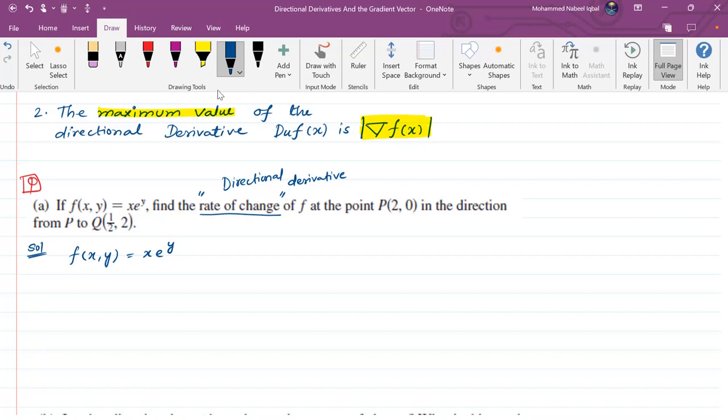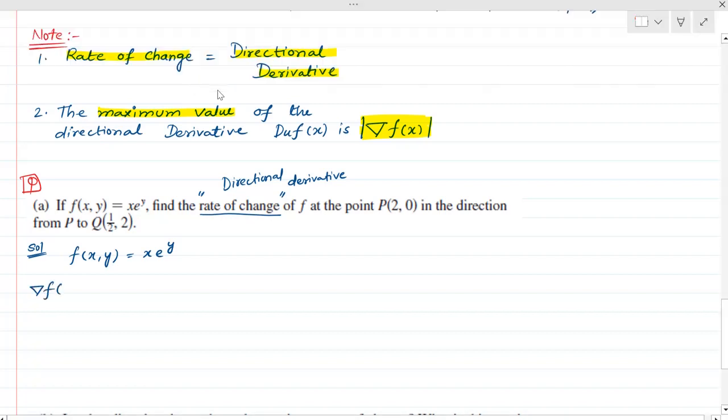What is the gradient vector? Gradient f of x comma y is given by fx i plus fy j. So what is fx here? It is e power y, since x becomes 1. Plus here fy: x is a constant, and the differentiation of e power y is e power y as it is. Now I have to find it at the point.